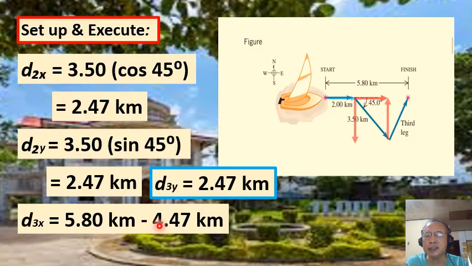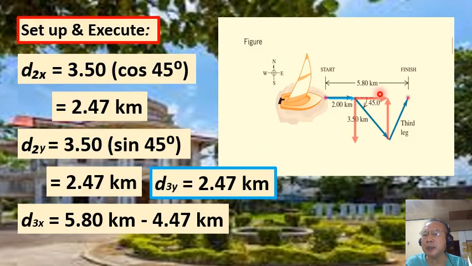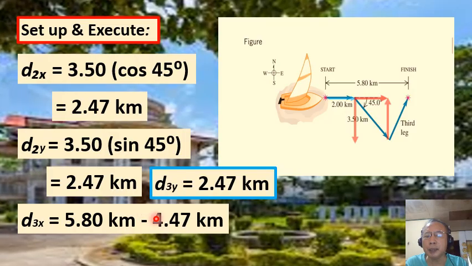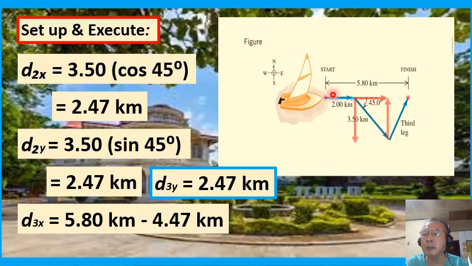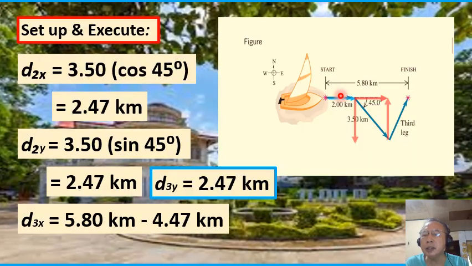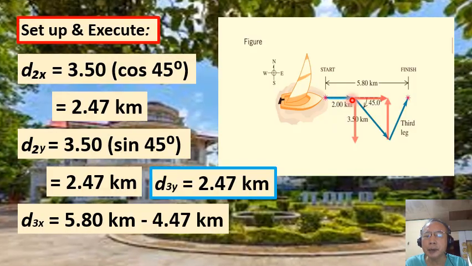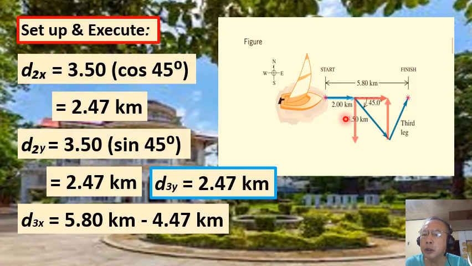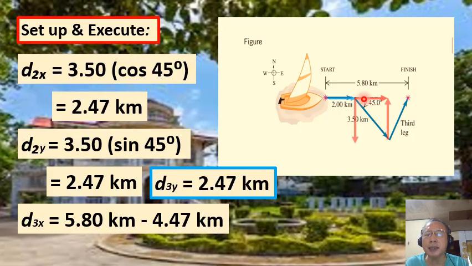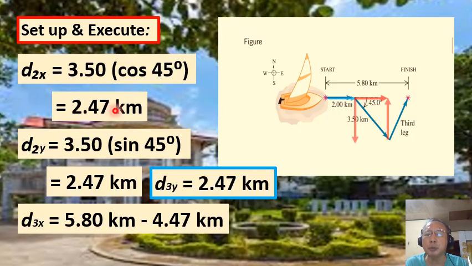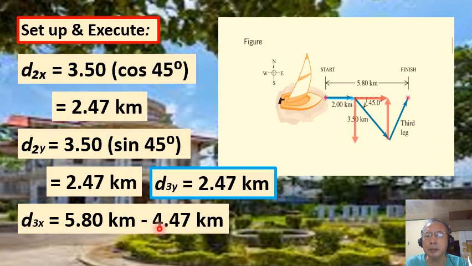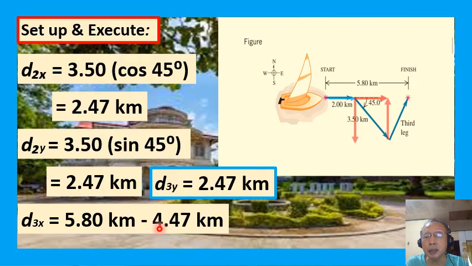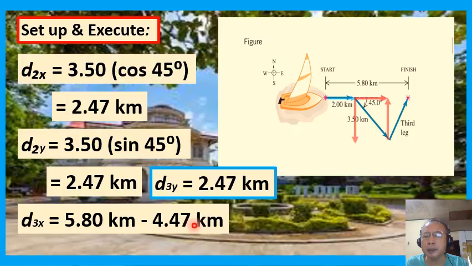It is just the difference between the net displacement, 5.80 kilometers, minus the sum of d sub 1, which is 2.00 kilometers, and d sub 2x, which is 2.47 kilometers. Their sum is equal to 4.47 kilometers.